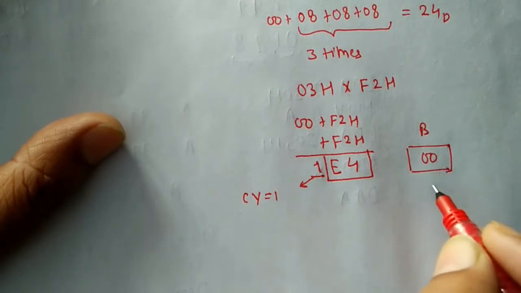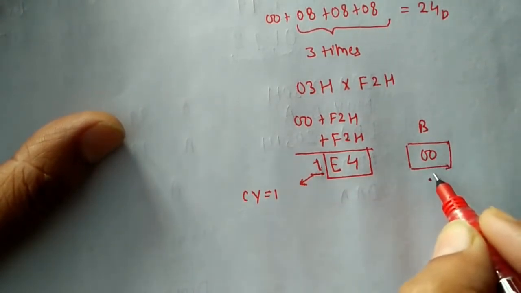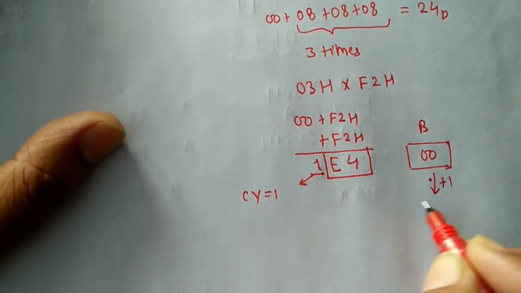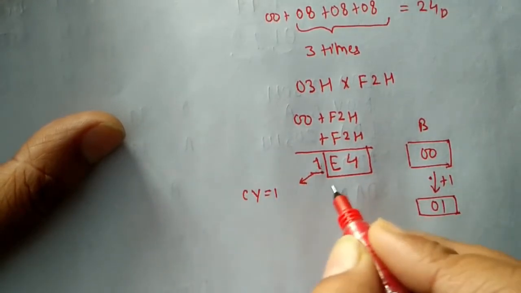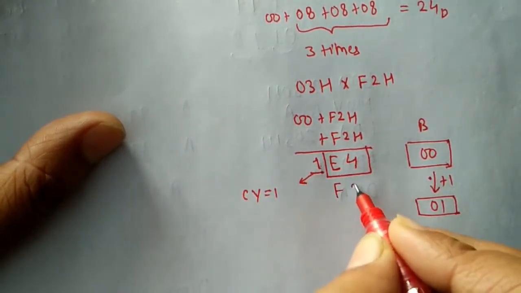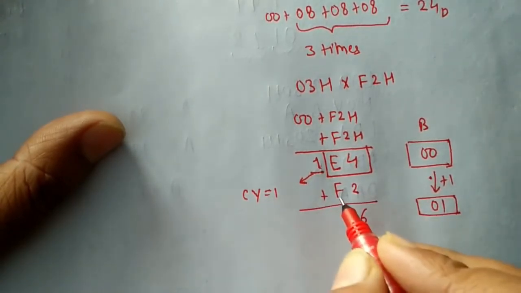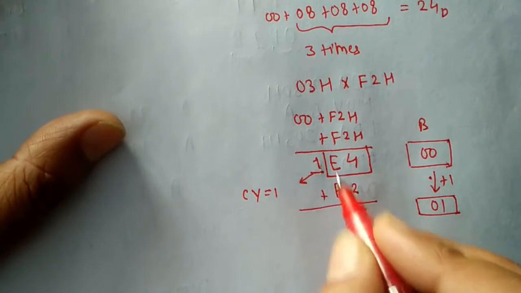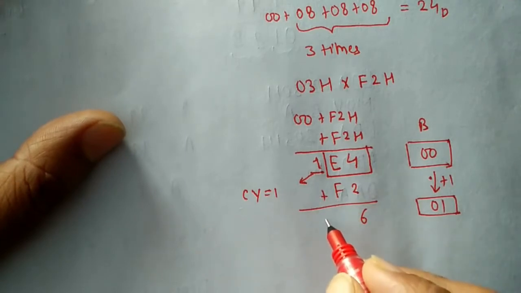Here in this case carry is generated, that's why we will increase this number and it will be 01. Again we have to add f2h to this number, and this time 4 plus 2 will be 6, and f is 15 and e is 14. The summation will be 29, and 29 in hexadecimal is written as 1dh.